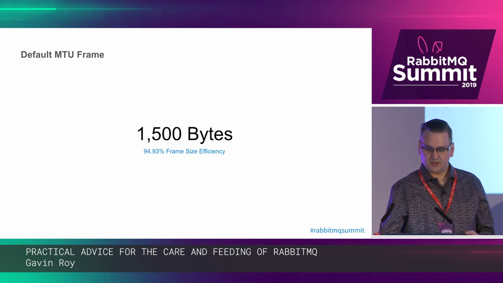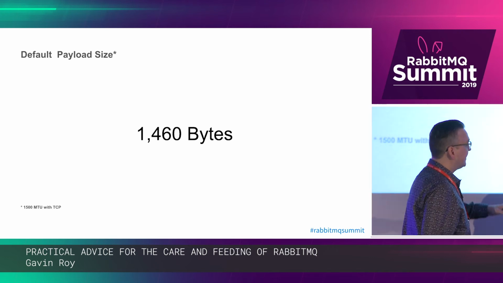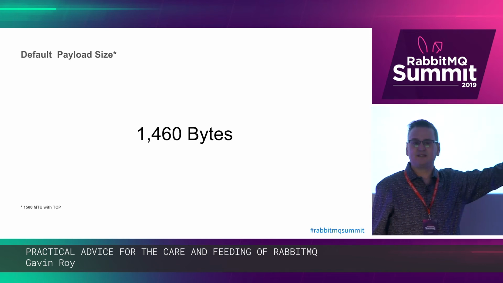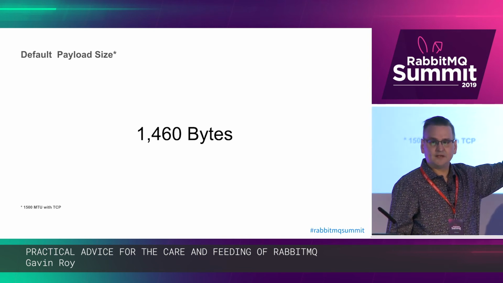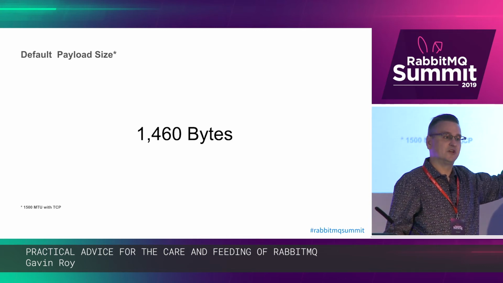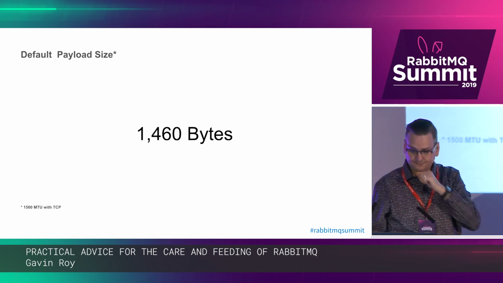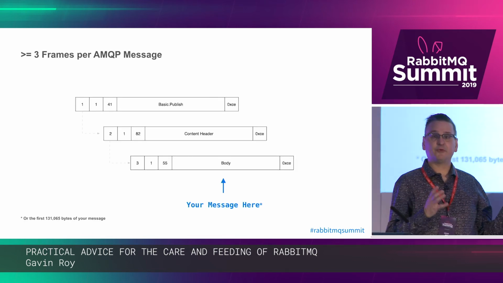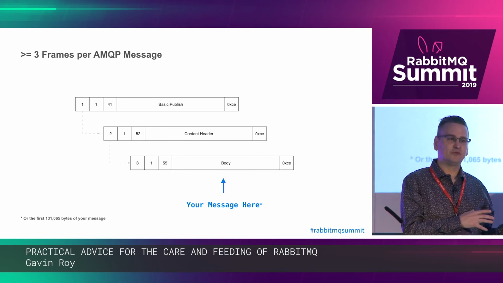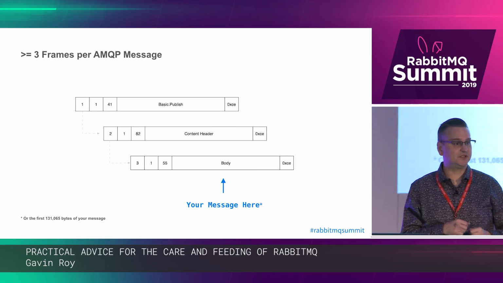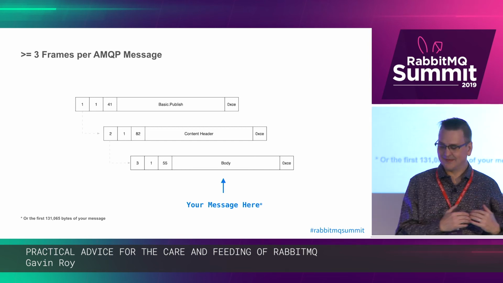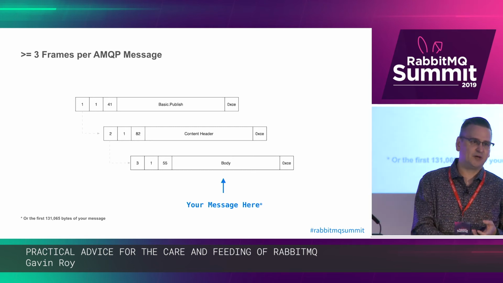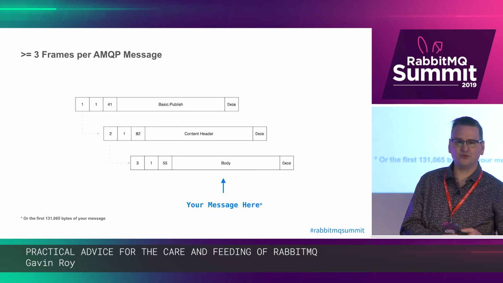And when it comes down to it, after TCP, that means that we only have 1,460 bytes available to us in the payload of the TCP frame to send our RabbitMQ frame, which could be part of a message, it could be a command, etc. Then we think there are at least three frames for every RabbitMQ message that we publish, which is the RPC command, which is I'm going to send you a message, and here's the exchange to publish it to, and here's the routing key to use for that message.